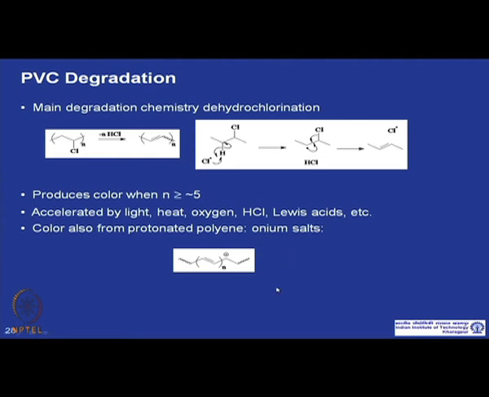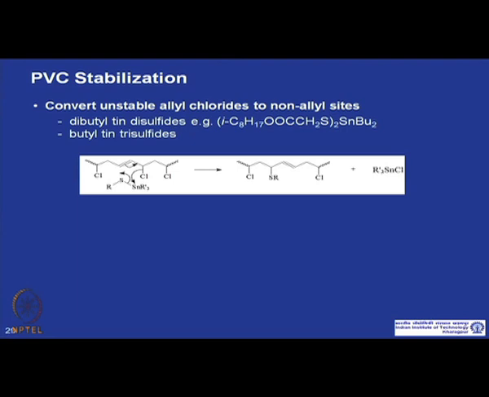So, basically if you want to stabilize polyvinyl chloride, you want a mechanism by which you can trap the chlorine radical, or destroy these olefinic or allylic double bonds which are produced during the degradation process.